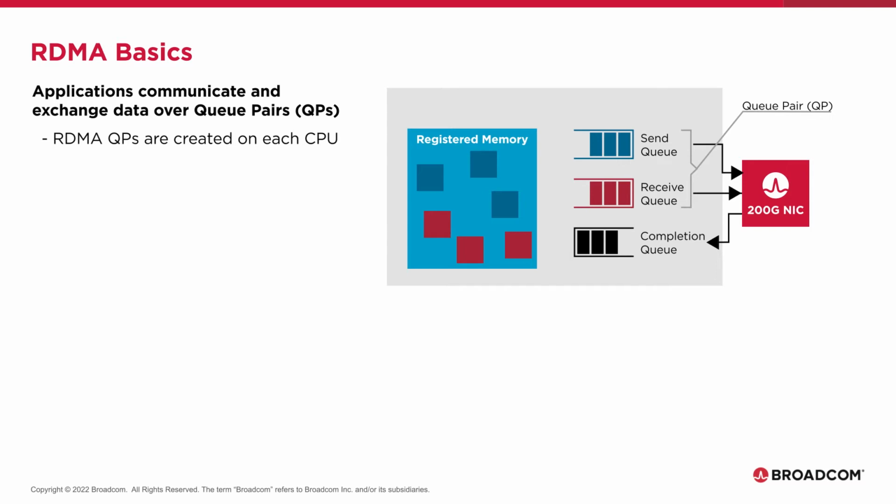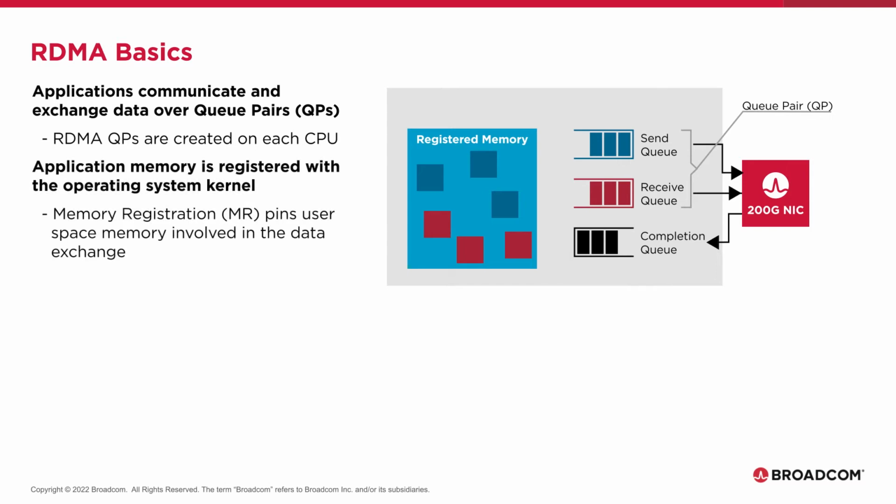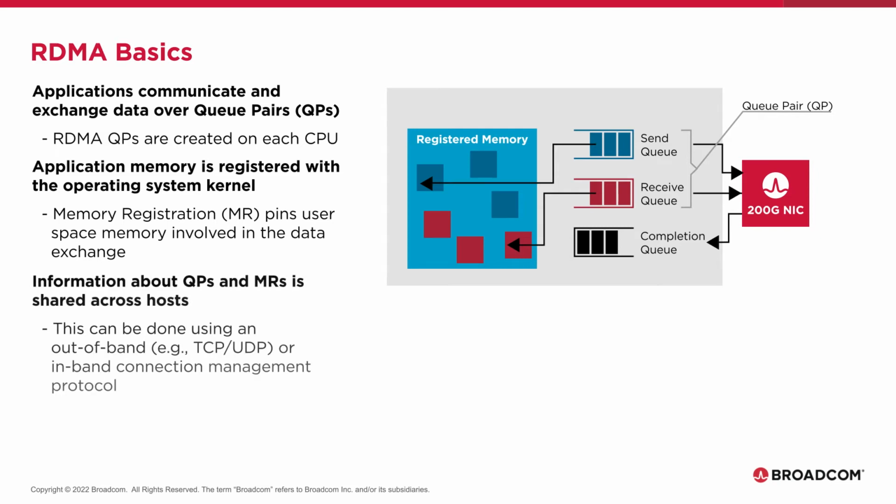Additionally, before an RDMA transfer takes place, the application memory in user space involved in the transfer must be registered with the operating system kernel. This process is called memory registration or MR and pins the application memory so that it is not swapped out of main memory. The QP information and the memory registration information must also be exchanged between the applications involved in the transfer.